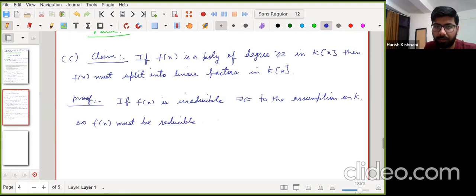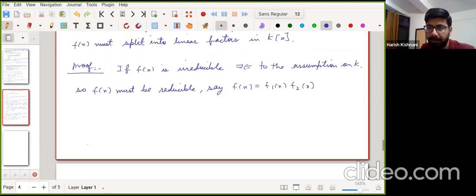Say f(x) is equal to f1(x) f2(x). Now it is reducible.